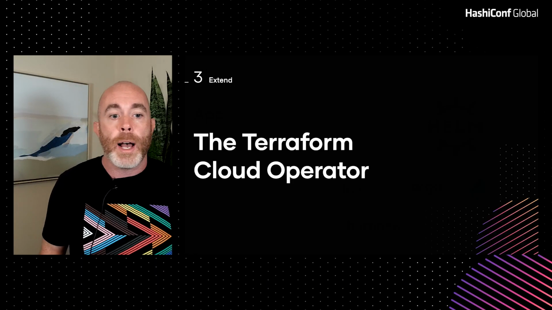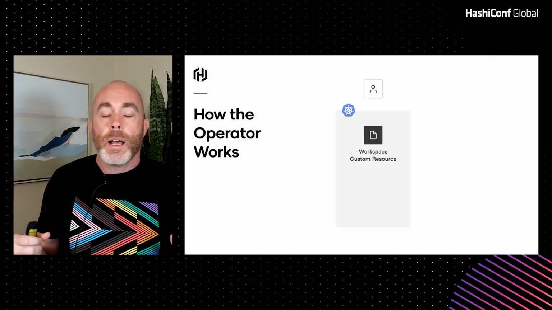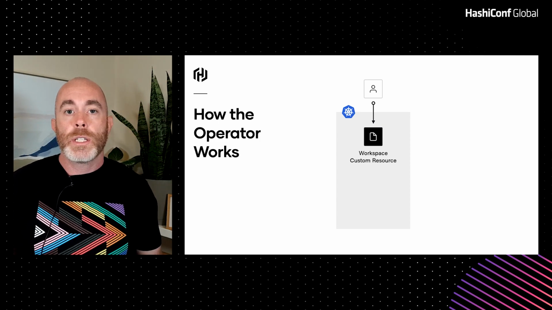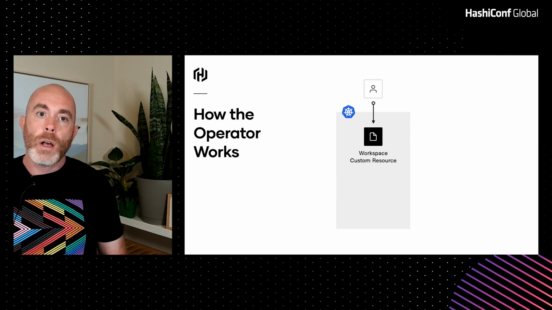The Terraform Cloud Operator is an operator that manages Terraform Cloud workspaces. So you saw in the previous demos, we walked through Terraform Cloud, we walked through the GitOps workflow with Terraform Cloud, and we saw Terraform Cloud create our cluster and then deploy our core services onto that cluster.